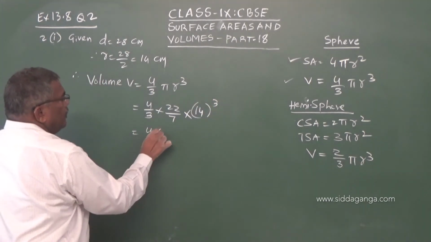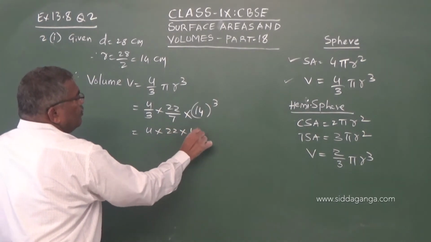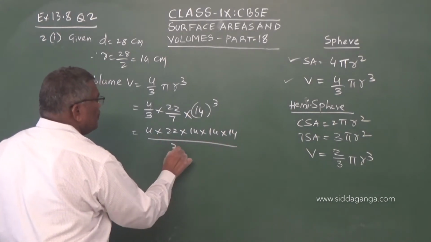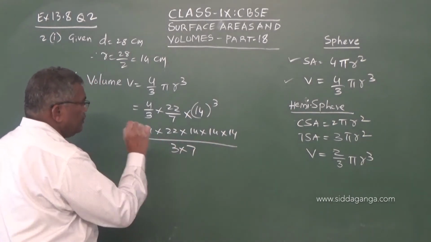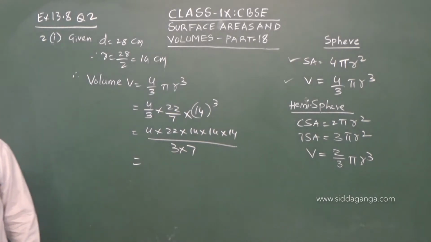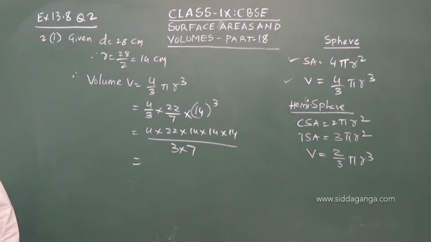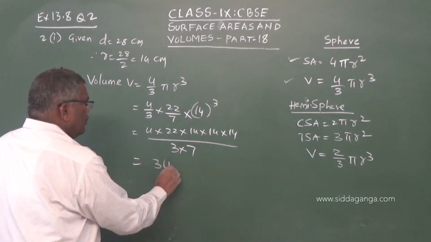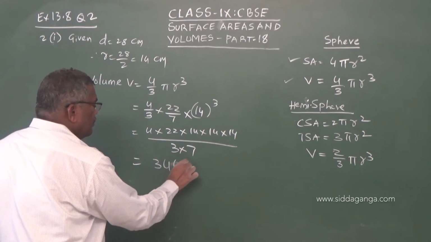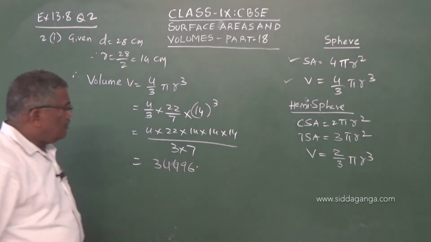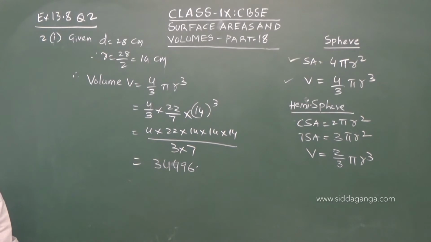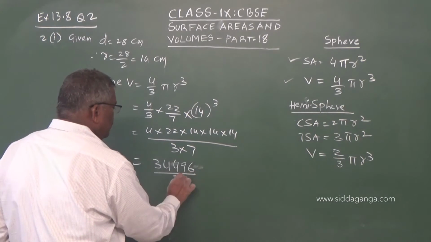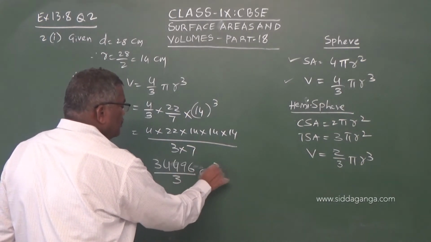That is 4 into 22 into 14 into 14 into 14 by 3 into 7. We simplify this. So we will get 34496 divided by 3 centimeter cube.